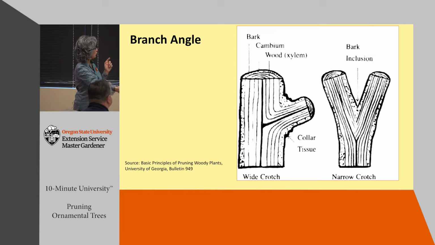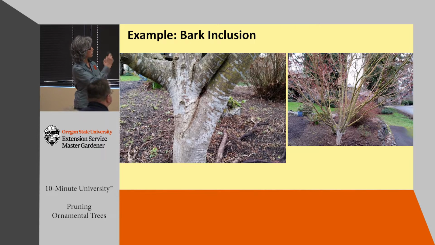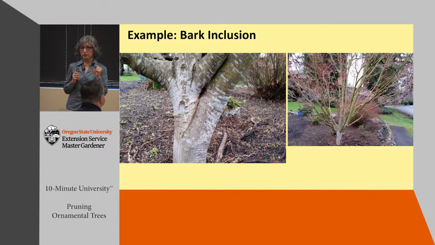Trees with weak attachment, like in this Japanese maple, it's a coral bark maple. Can you see the bark pressed in the center? They are more vulnerable to damage when we have strong wind, ice storm, adding more weight to the branch tips.